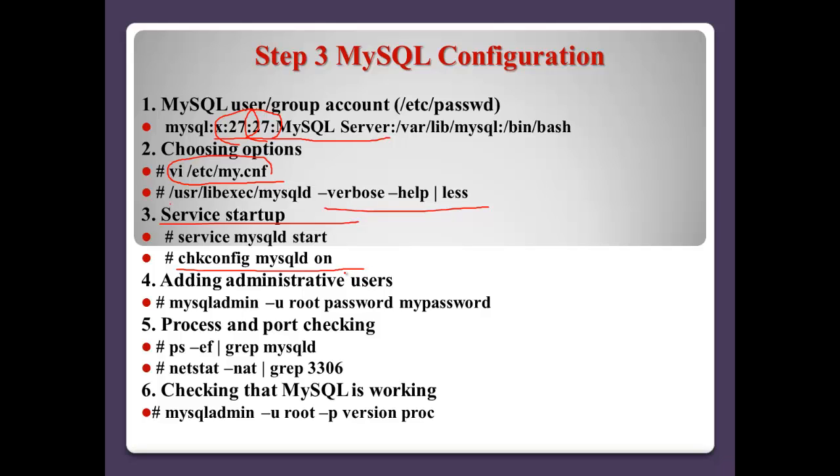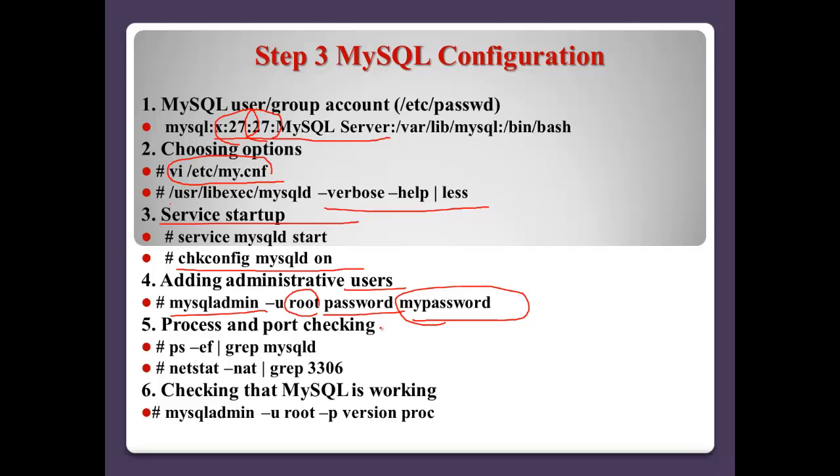Number 4, adding administrative users. After we successfully install and start the service, we can make an administrative user, for example root. In this case, we can use the command mysqladmin -u root password and the password. Here we have used this password. Number 5, process and port checking.